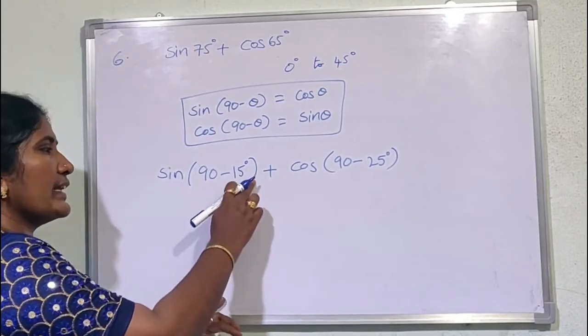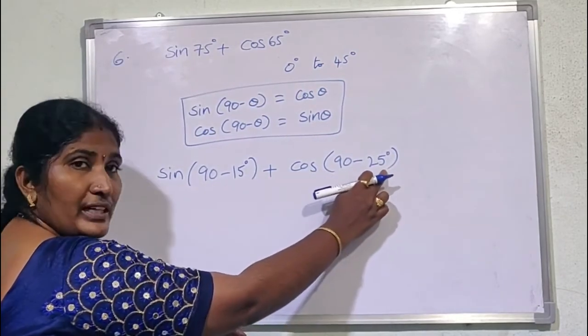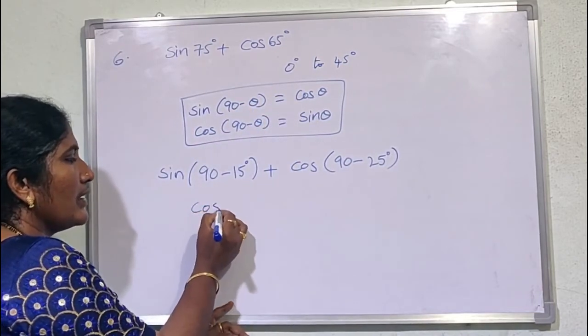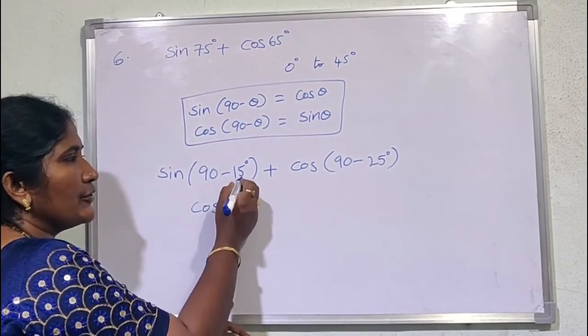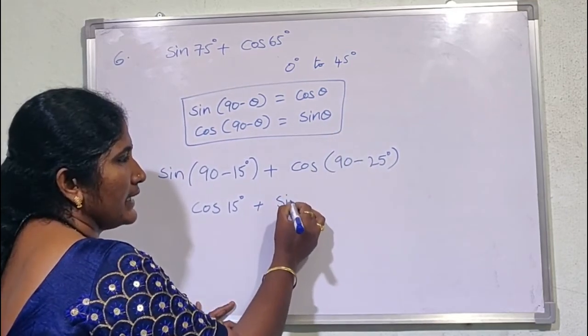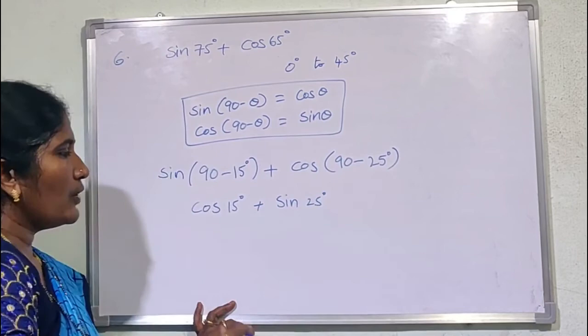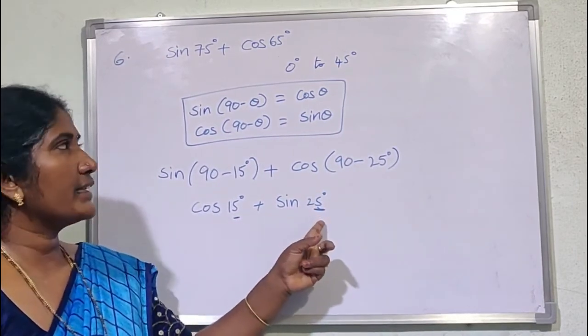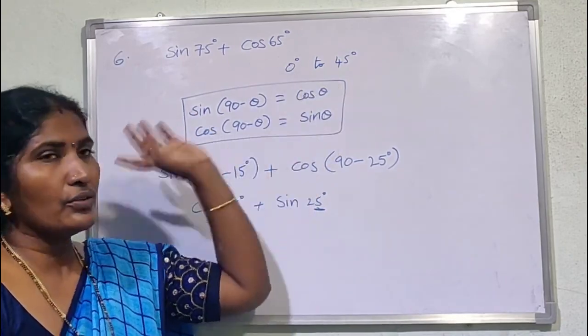Now it is in the form of sin 90 minus theta, and in the form of cos 90 minus theta. Sin 90 minus theta is cos theta. Cos, what is the value here? Theta value 15 degrees. Plus cos 90 minus theta is sin theta, sin 25 degrees. Now observe the angles, 15 degrees and 25 degrees. These are in between 0 to 45.